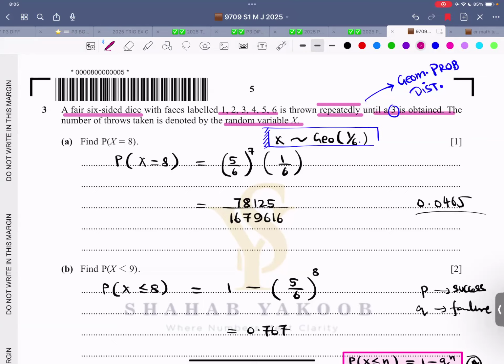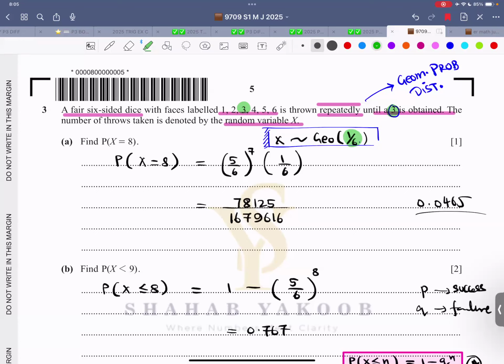The number of throws taken is denoted by random variable X. Find the probability that X equals 8. Over here, the focus is on the number 3. Let me highlight it. The probability of getting a 3 is 1 out of 6.